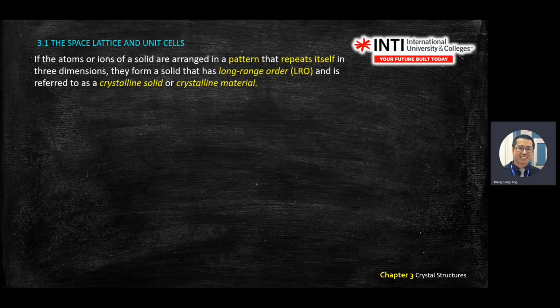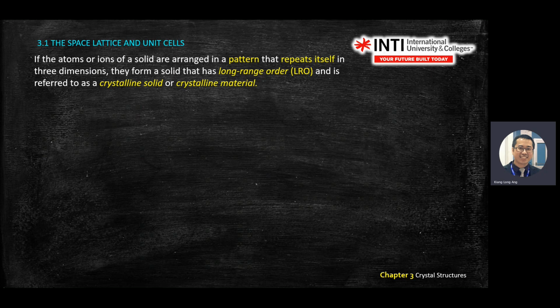So the definition for crystalline is that atoms are arranged in a certain pattern. That means you see a pattern, and they form a solid with long range order. Then they are called crystalline. You can say they are similar to polymer, but we are now looking at solid.